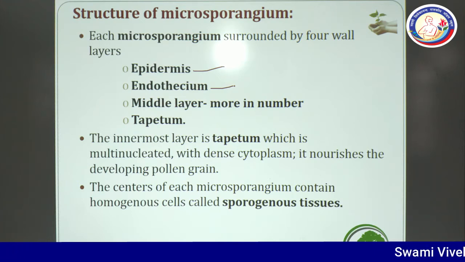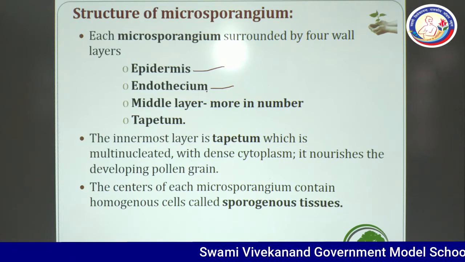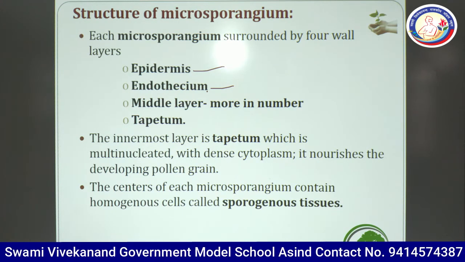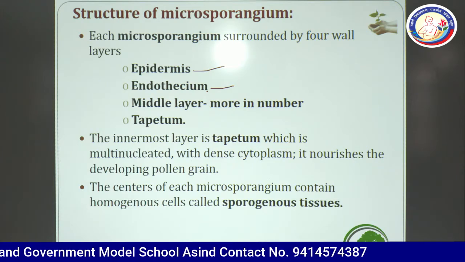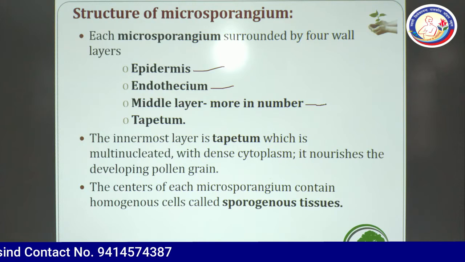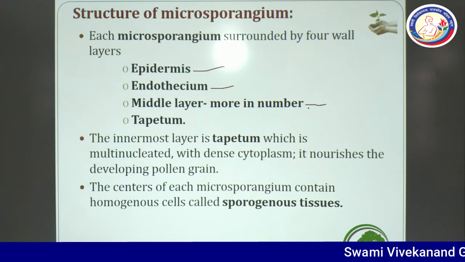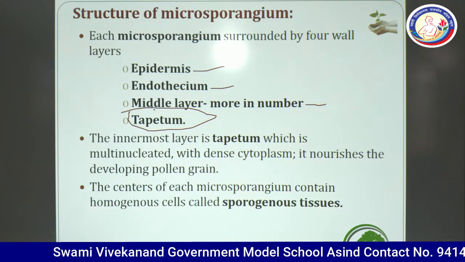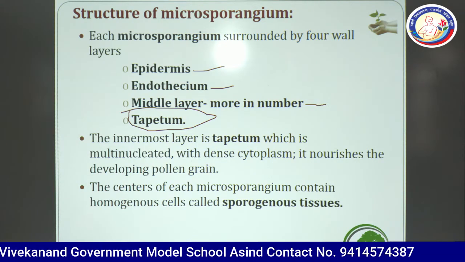Generally, the endothecium is also made of a single layer of cells, and it has alpha cellulose in its cell wall, and it helps in the dehiscence of the microsporangium and pollen sac. The third one is known as the middle layer. It is more in number, and may be 2, 3 or 4 layers of cells.